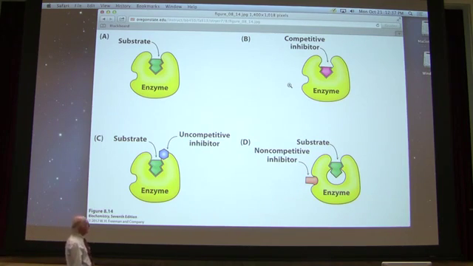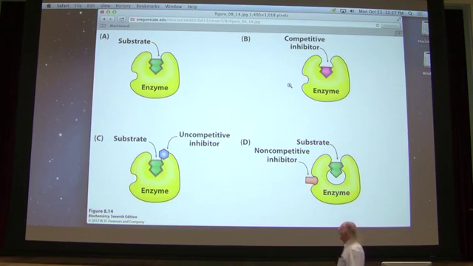All right? What does a drug do? Well, a drug would ideally bind to an enzyme and keep the normal substrate from binding, and thereby stop the normal substrate from being converted. It would thus inhibit the enzyme.